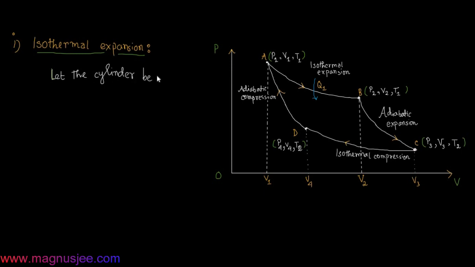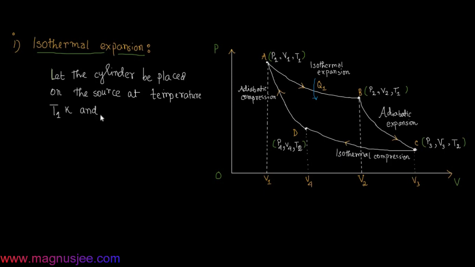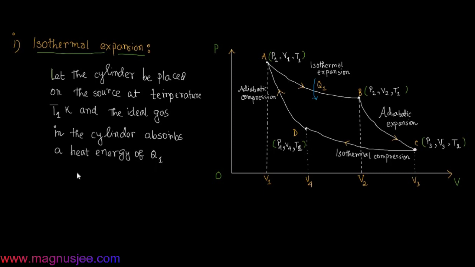Let the cylinder be placed on the source at the absolute temperature T1 Kelvin, and the ideal gas in the cylinder absorbs a heat energy of Q1 from the source at the temperature T1 Kelvin.